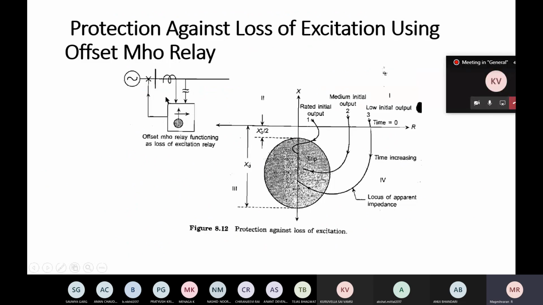This is the relay called the mho offset relay. This is a special kind of relay used to sense this change in the impedance on the stator side of the alternator. You can see the characteristic of this mho offset relay is changed a little bit.